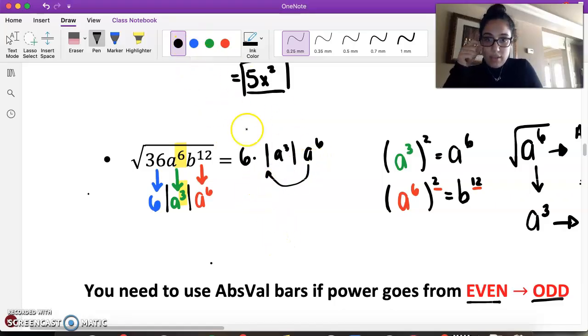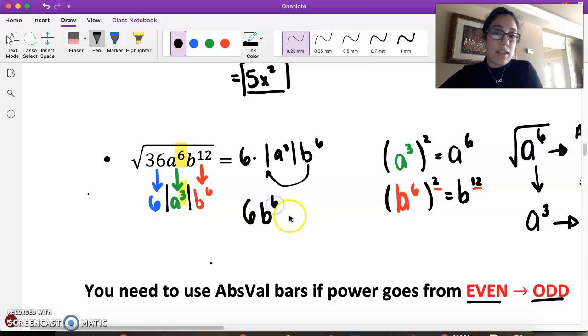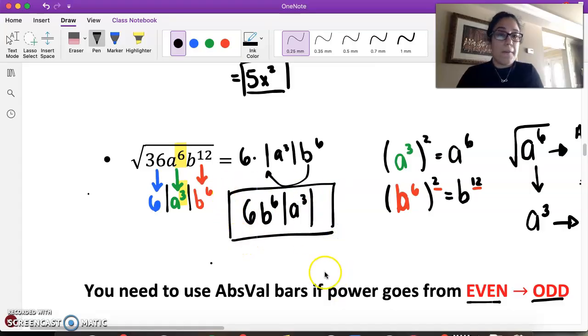Oh, this is supposed to be a b. Yikes. This is supposed to be a b. And so you get 6b to the 6th, absolute value of a cubed. That is your final answer. Even to odd, absolute value.